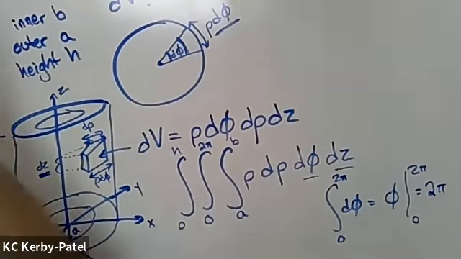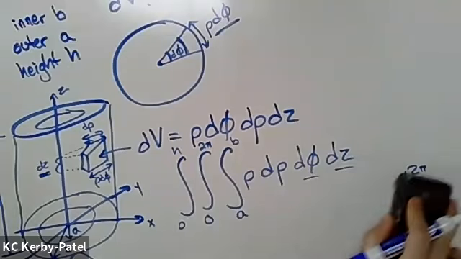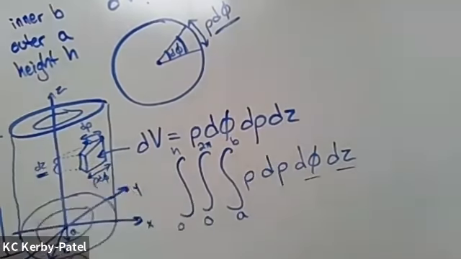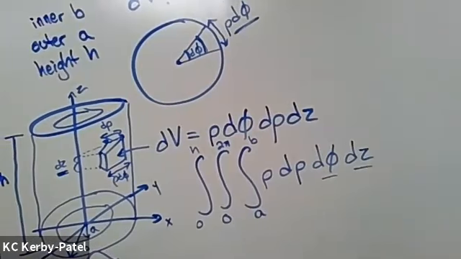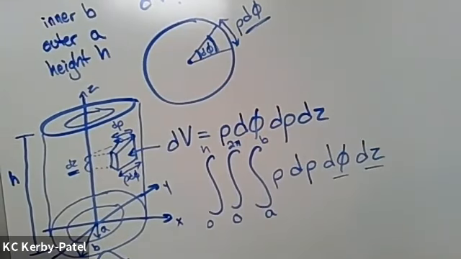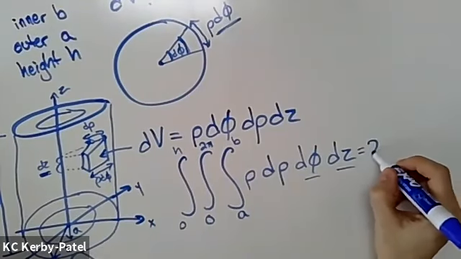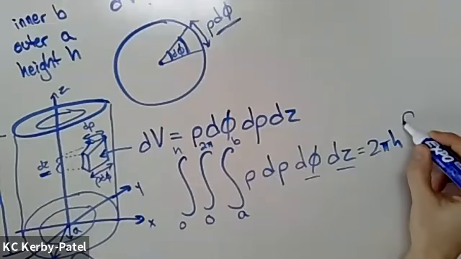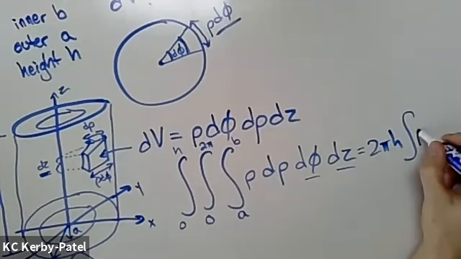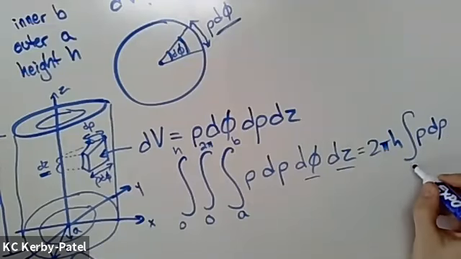Not too bad. So this triple integral that I've written out, shifted over a little bit, becomes 2 pi h times the integral of rho d rho from a to b.